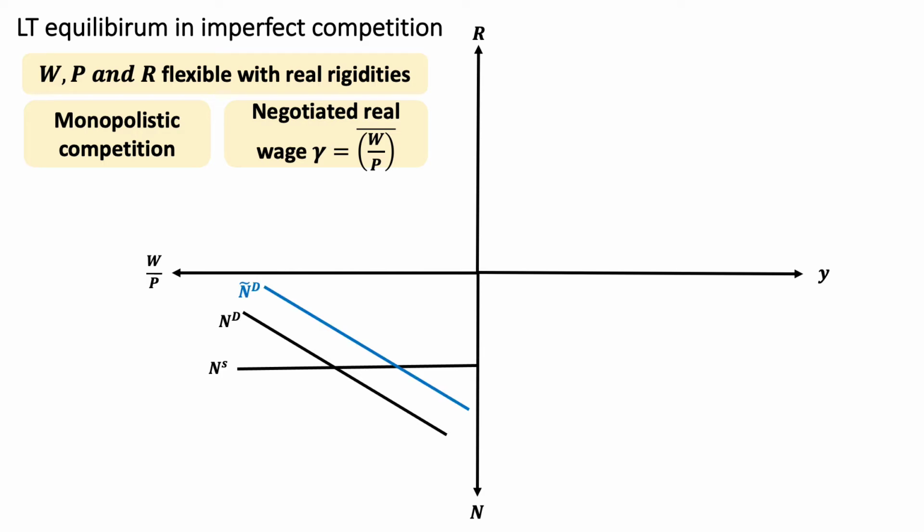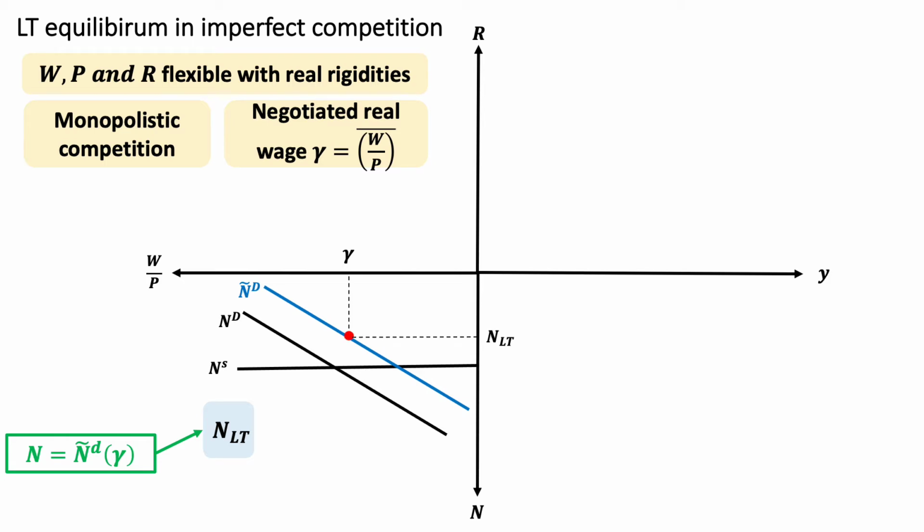In this context, the labor demand of the firm is lower than the labor demand in perfect competition. So graphically, the labor demand curve in imperfect competition, N tilde, in blue, is below the labor demand curve in perfect competition. For the negotiated real wage gamma, the labor demand is always lower than supply.